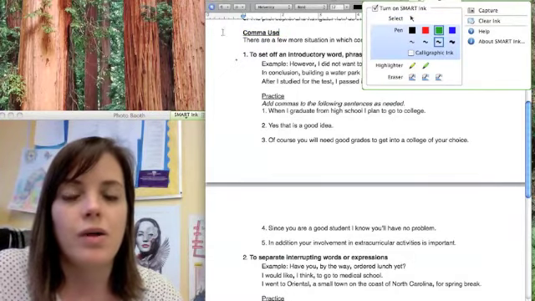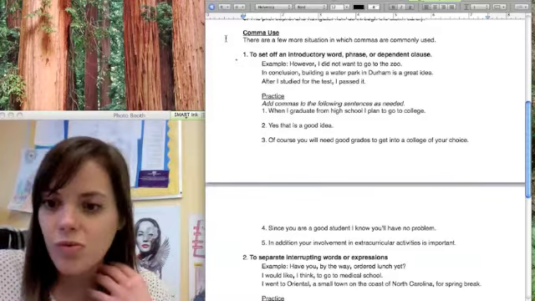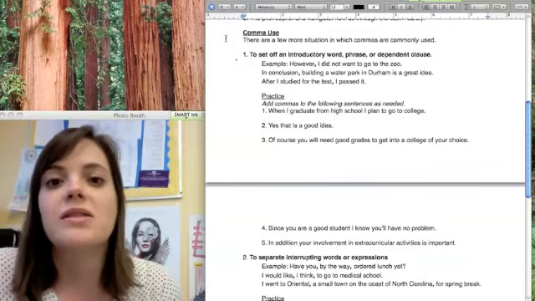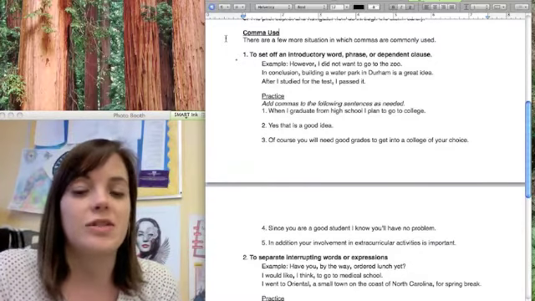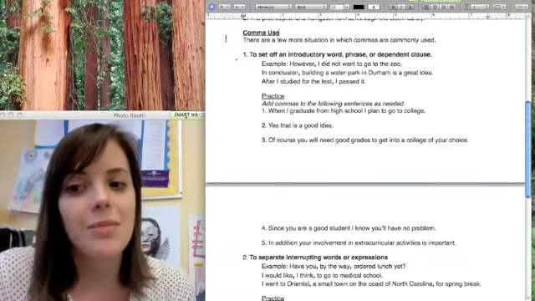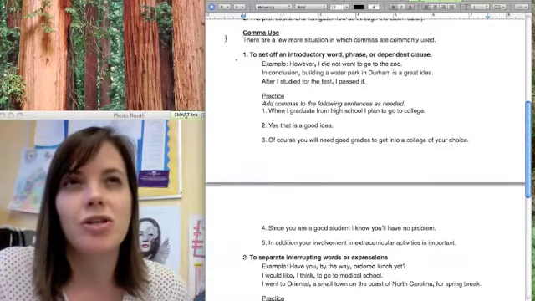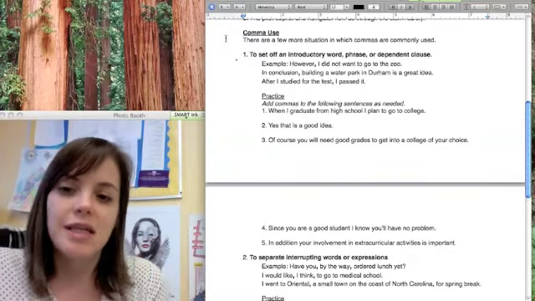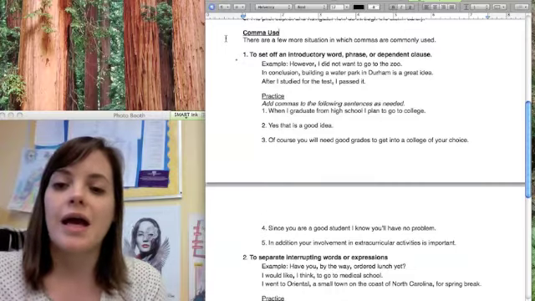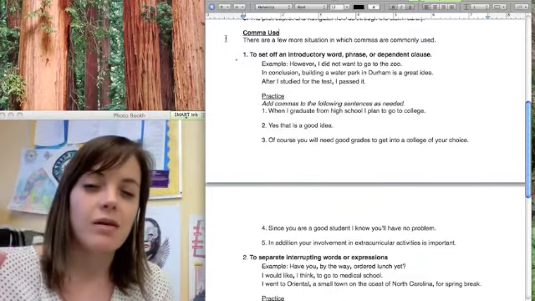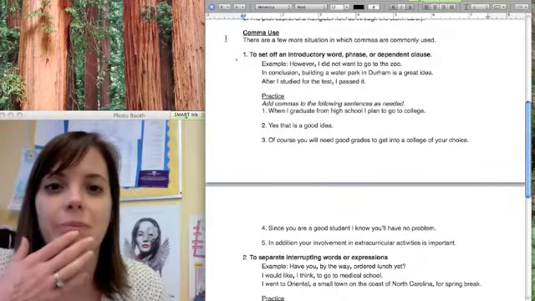All right, so the first situation where you want to use a comma is when you have an introductory word, phrase, or dependent clause. Basically all that means is that you begin your sentence with a word, phrase, or clause, and are just introducing it that way. So let's look at some examples.